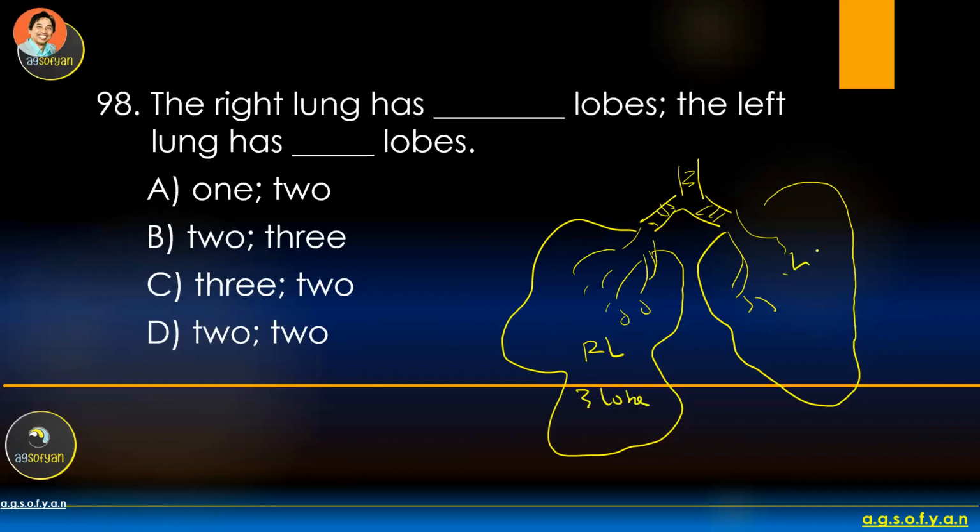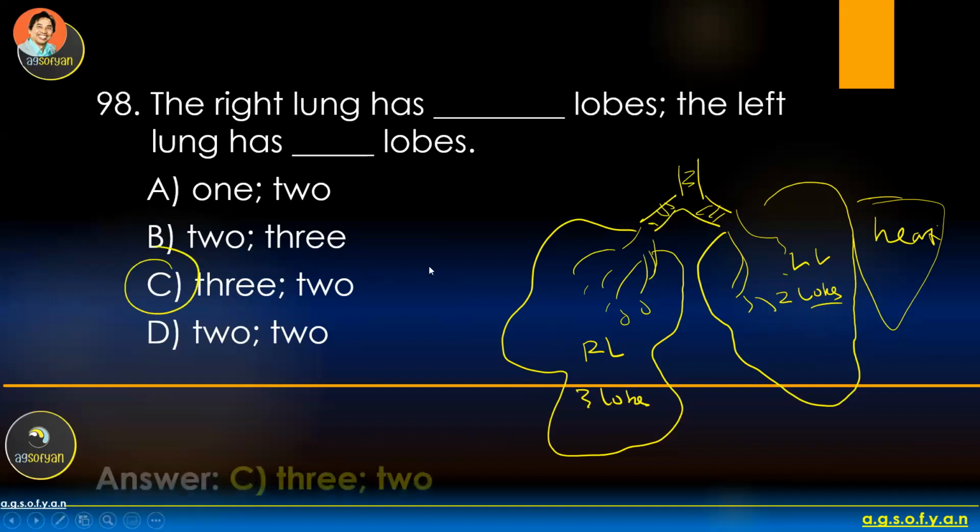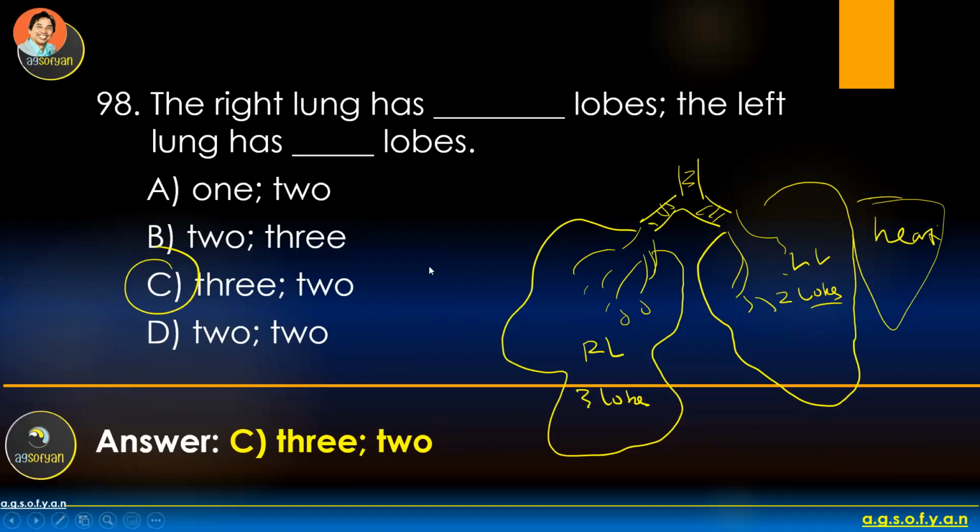The left lung is smaller because there is the heart on the left side of our thoracic cavity. So the left lung only has 2 lobes. 3 and 2. The heart should be here, going to the left.